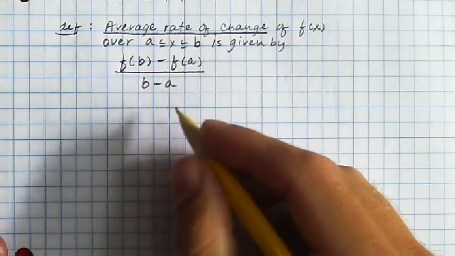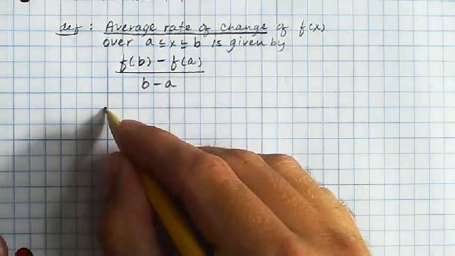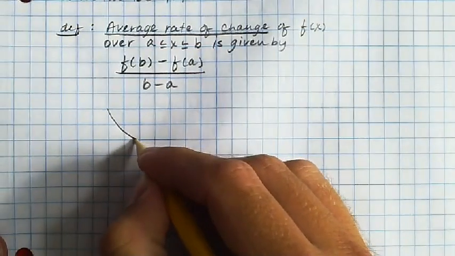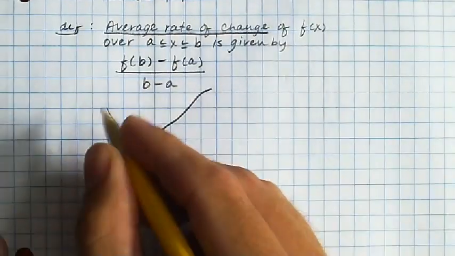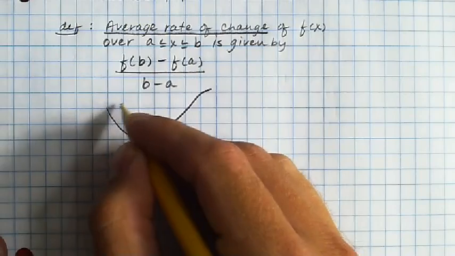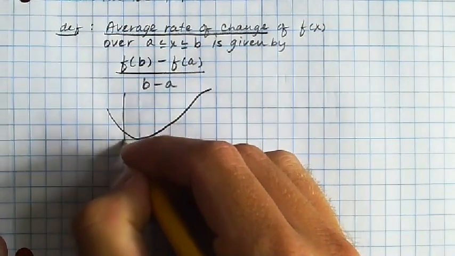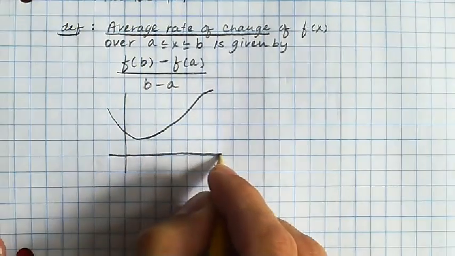Okay, now suppose that we've got some kind of function, and it's really not going to be that interesting unless it's curved. Maybe this is my y-axis, and that's my x-axis.